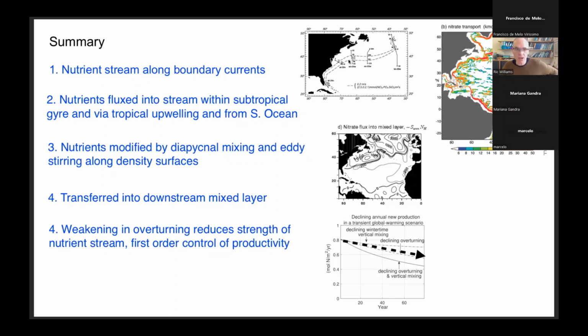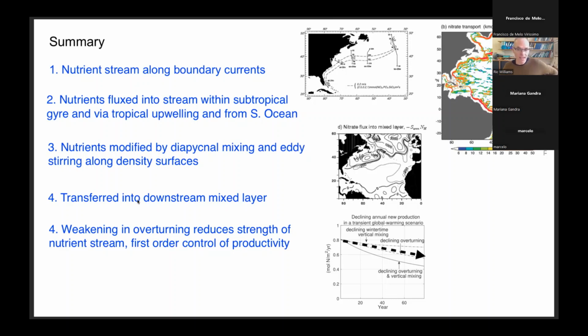Along the path of the Gulf Stream, the nutrient concentrations there are modified by physical processes involving diapycnic mixing and eddy stirring, and that alters the detailed downstream changes in nutrient concentrations.